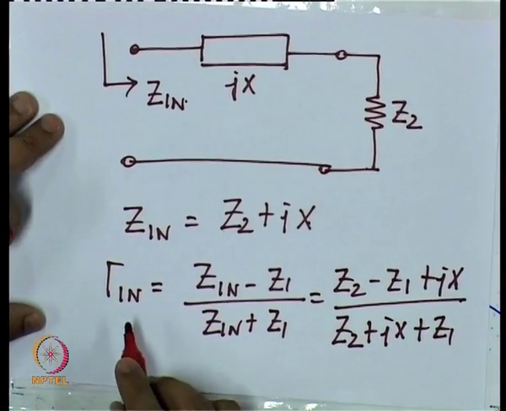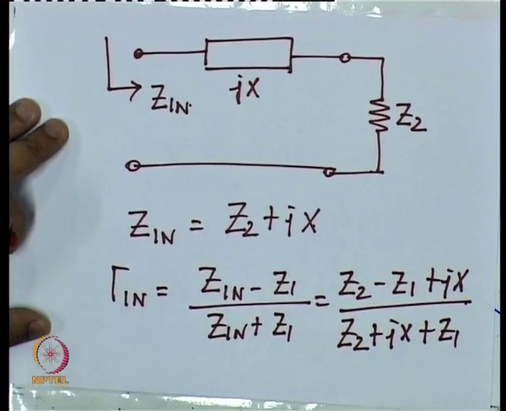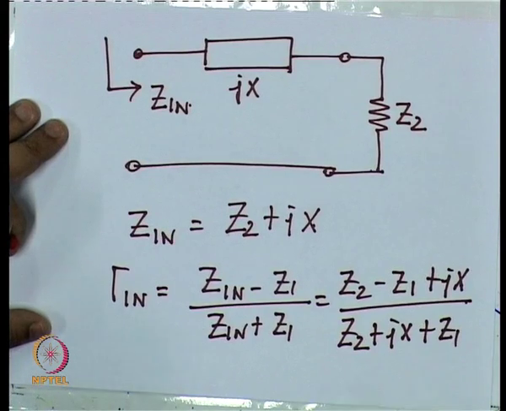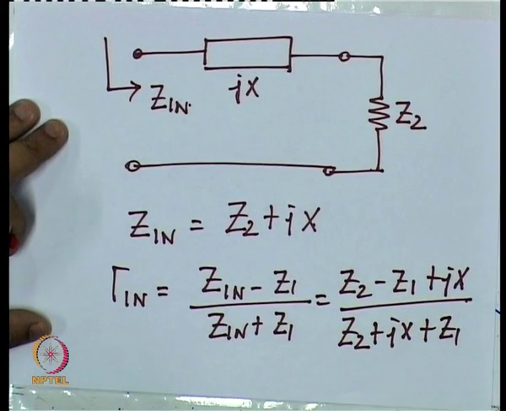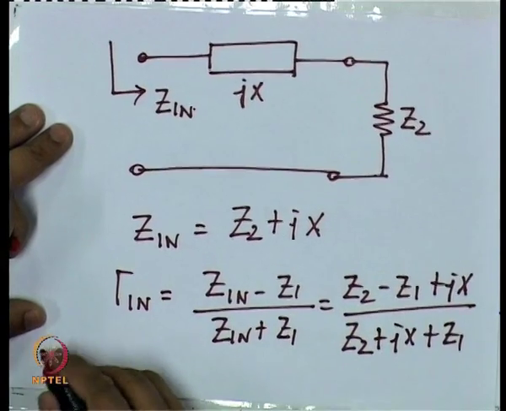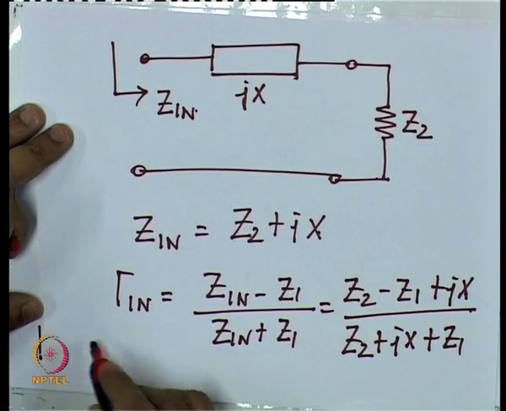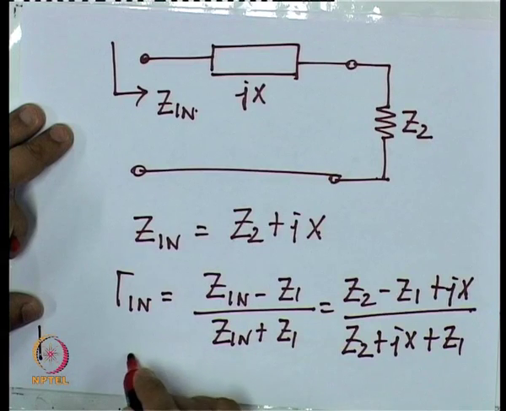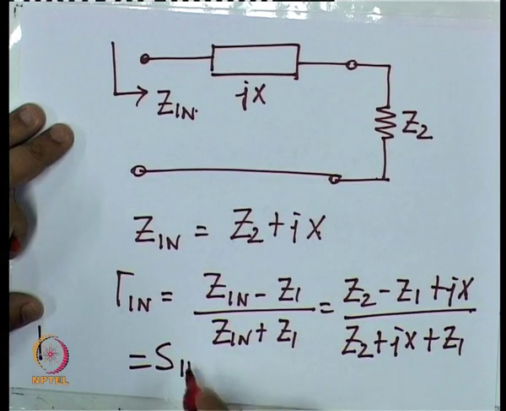From this we can also verify, that since this is a lossless and reciprocal network, and by the way this whole thing will be equal to S11.